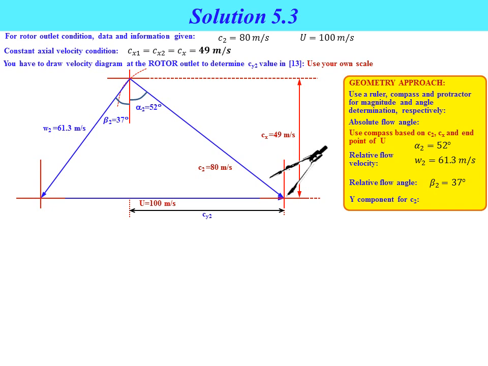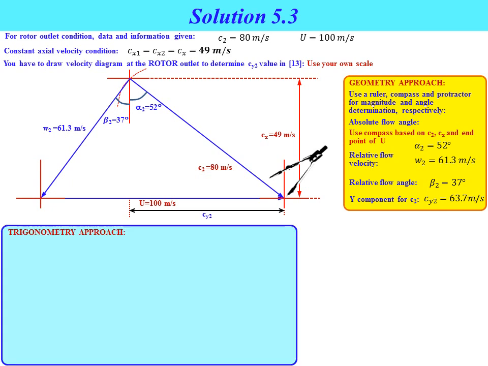And for the y component, if we measure the velocity diagram, the y component for C2, we will obtain Cy2 equal to 63.7 meters per second. Okay, so we can determine all the parameters that we measure by using the geometrical or graphical approach.